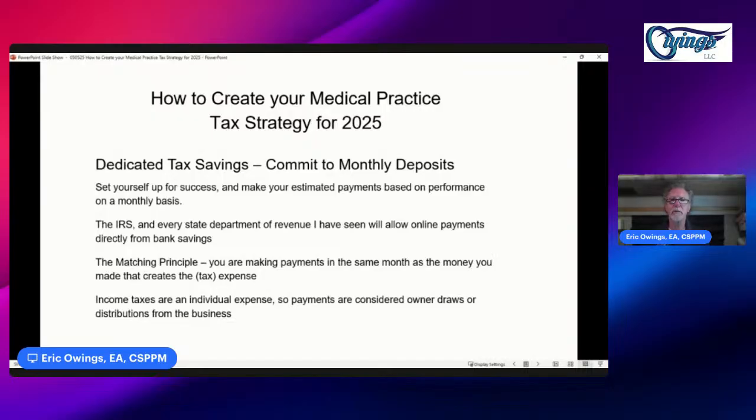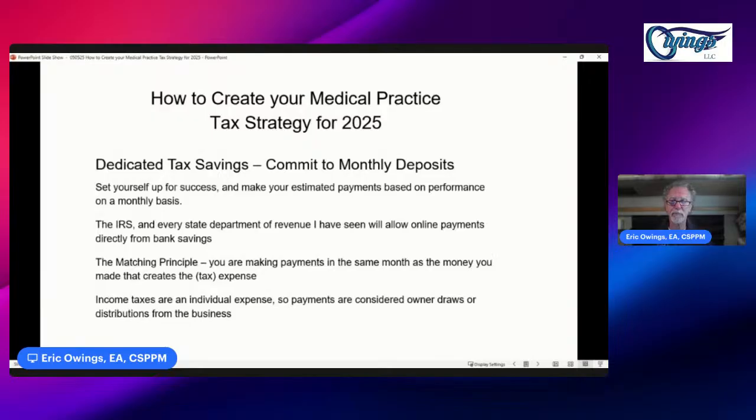If you throw an amount of money monthly into a dedicated tax savings account, nothing goes in that or out of that other than for estimated taxes. So, as you know, because we touched on this last week, you make estimated tax payments four times a year. It's quarterly, although the quarters are slightly offset.